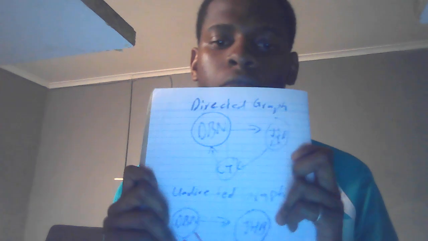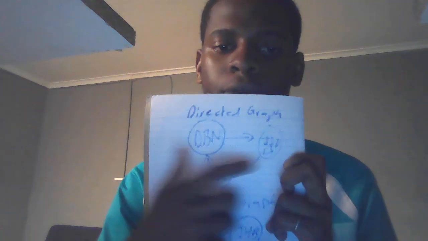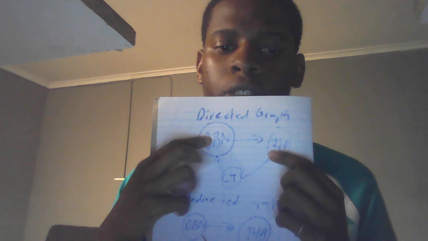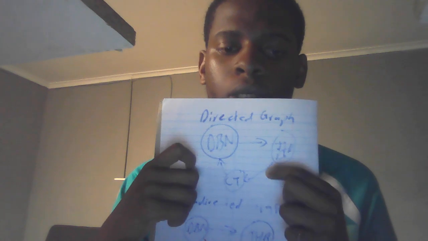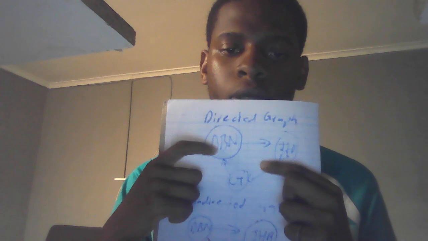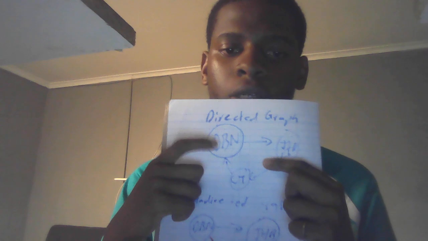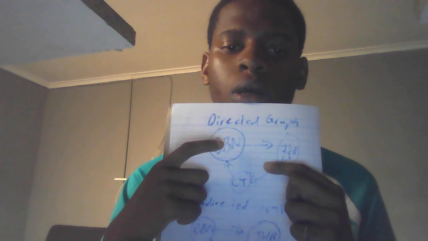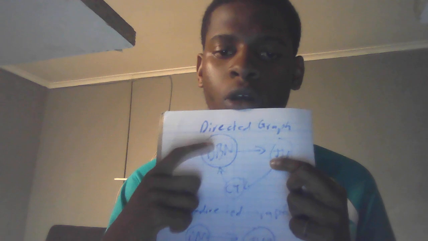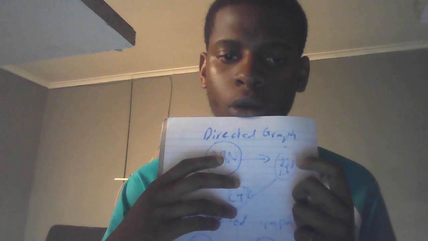Here's an example of a directed graph. Here's a node. Here's our edge, the connection. So the directed graph has a node, destination, from and to.